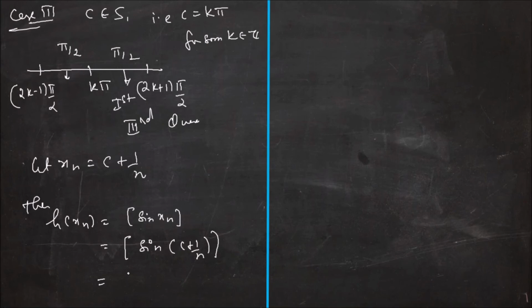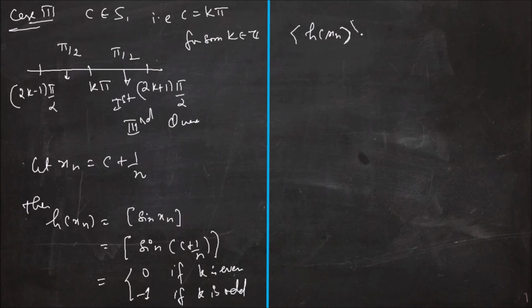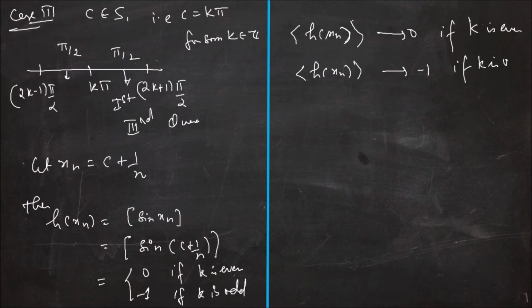So it is 0 if k is even, because in case of even it is the first quadrant, so positive sine, and it is -1 if k is odd, because in case of odd it lies in the third quadrant. So h of xn converges to 0 if k is even, and h of xn converges to -1 if k is odd.